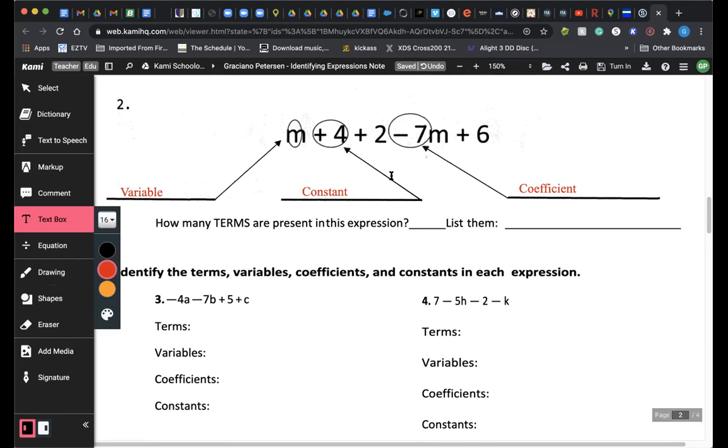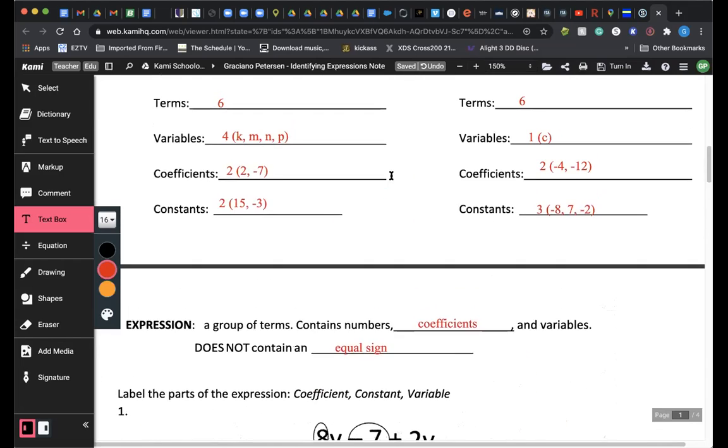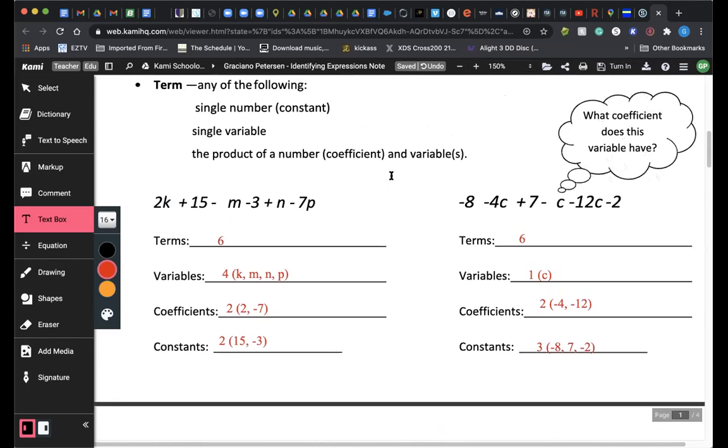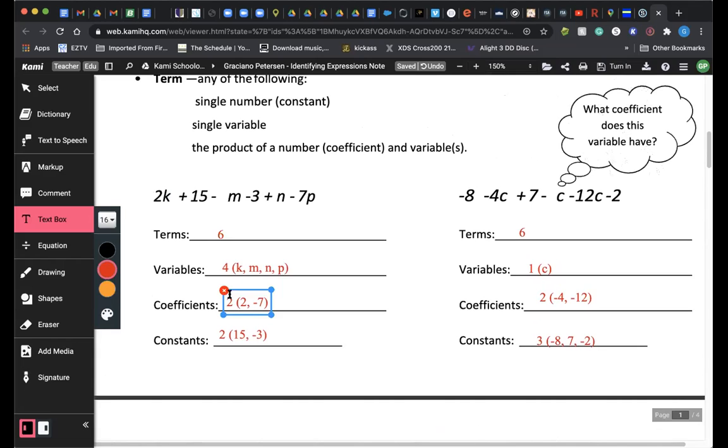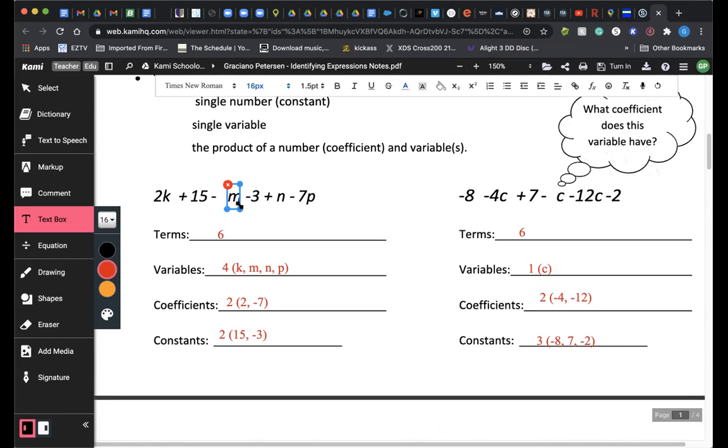I want us to go back up a little bit to some of our previous answers up here. In each of these expressions, we only identified 2 coefficients, even though we have 4 variables. So we are missing a couple of coefficients, because every single variable has a coefficient.